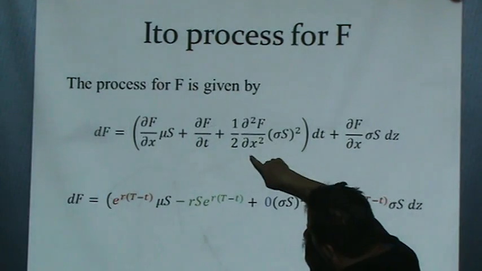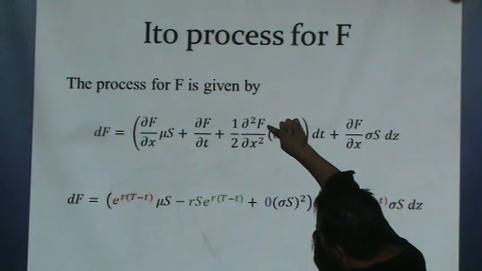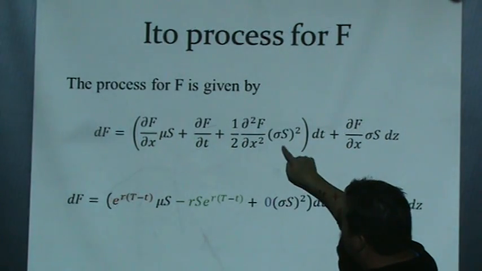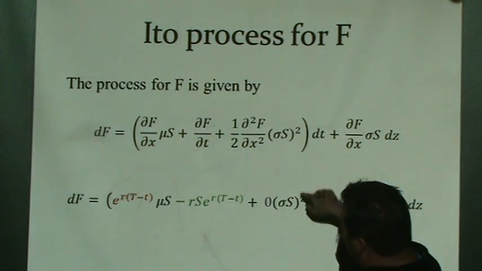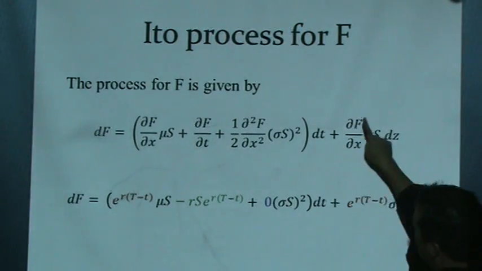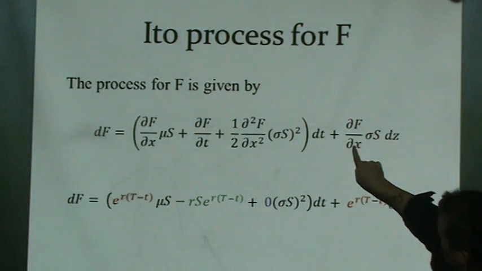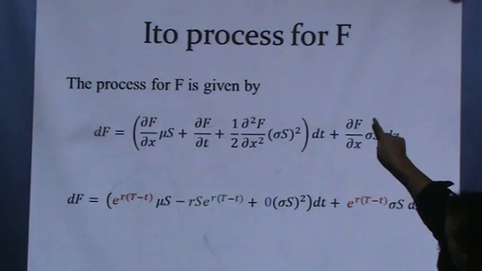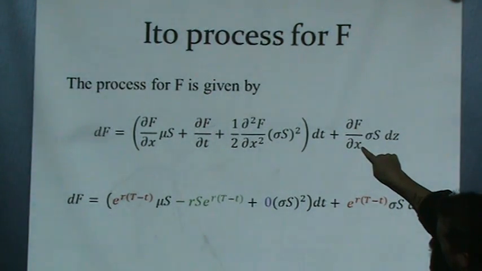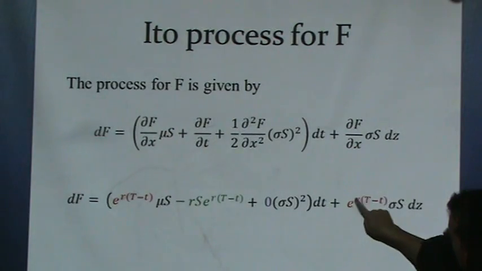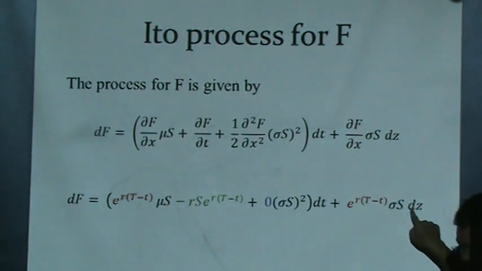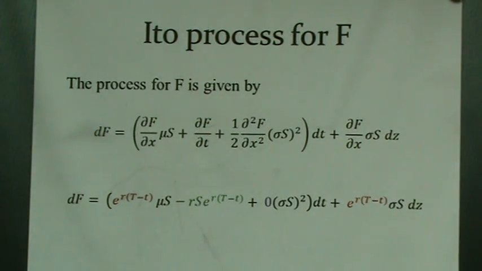Then times 1/2 the second derivative of the forward price with respect to the stock price, which ended up being 0, times sigma s squared, so this will get all zeroed out. Plus this is the stochastic component, where we take the derivative of the forward with respect to the stock price, which ended up being this part, multiplying that by sigma times s times the Wiener process.